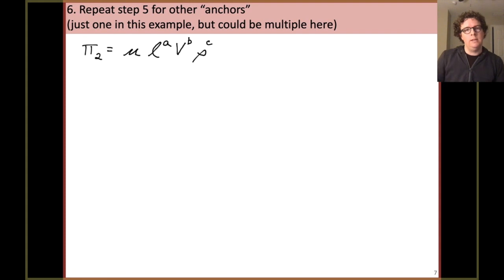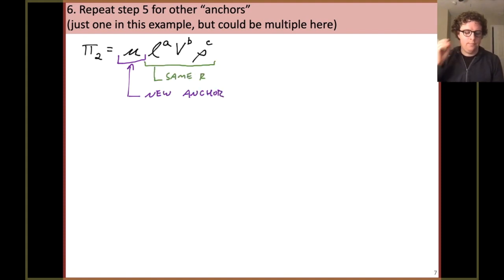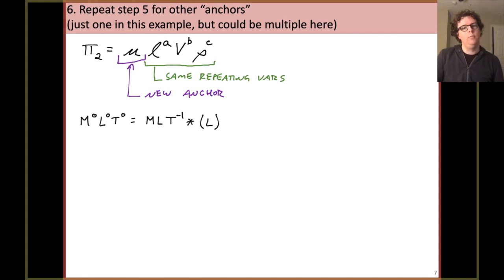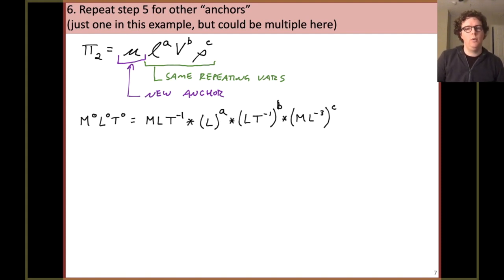Let's see if we can do this with a little less explicit use of color, because the setup is exactly the same. You can see that I've swapped in a new anchoring variable, but all of the repeating variables stay the same. Hence, they are repeated. Using the exact same strategy, on the left-hand side we want no units: mass to the 0, length to the 0, time to the 0.